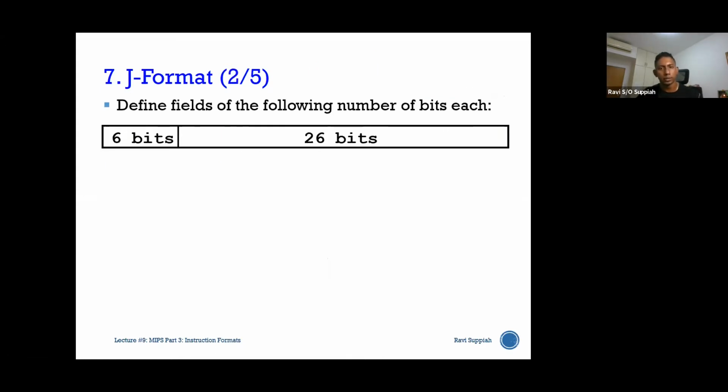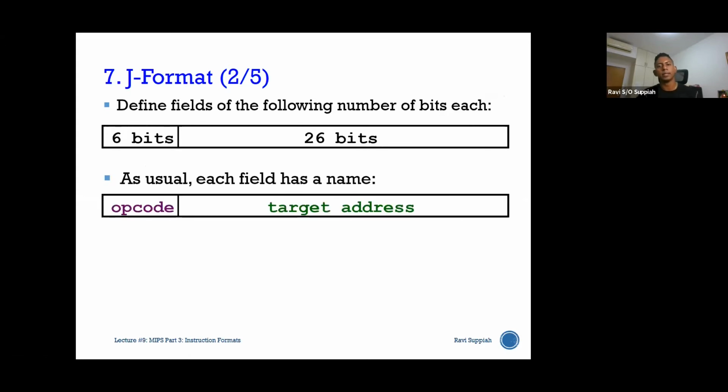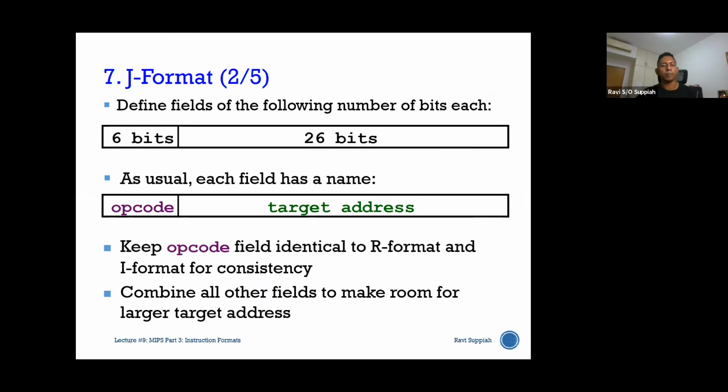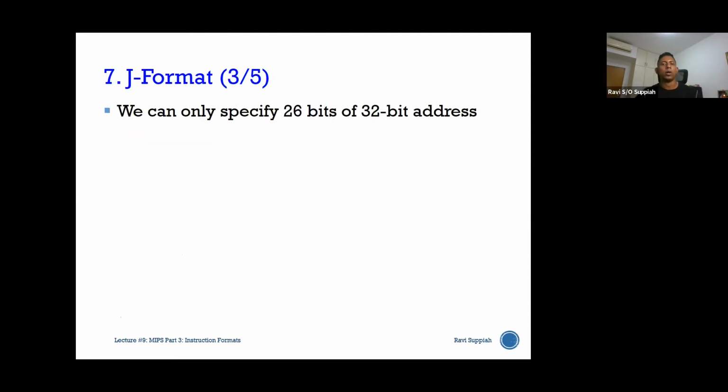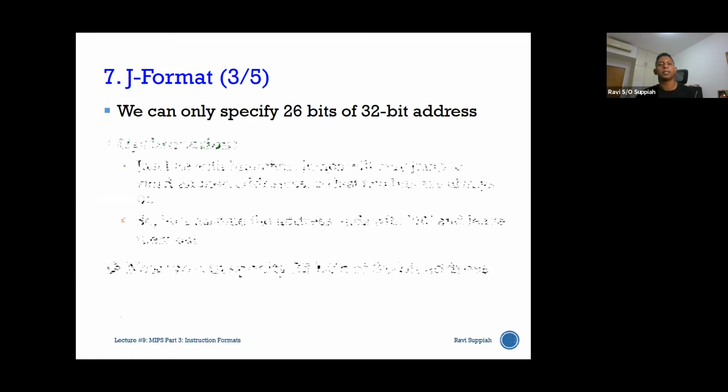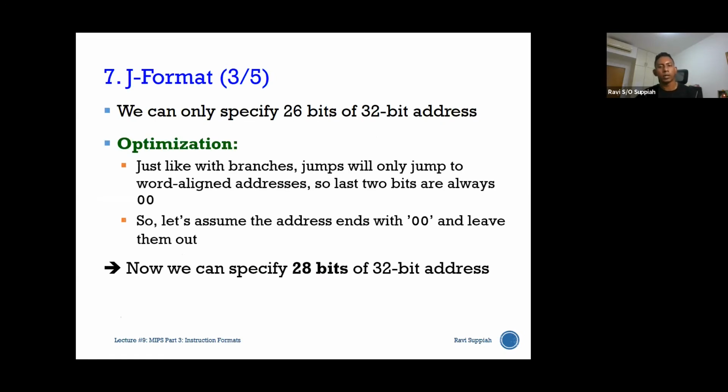So this is the format: the opcode and the target address. Now what is the next step we can do? Since we can only specify 26 bits, we can take the 26 bits and shift it to the left by 2 and add 2 zeros. Why do we want to add 2 zeros?